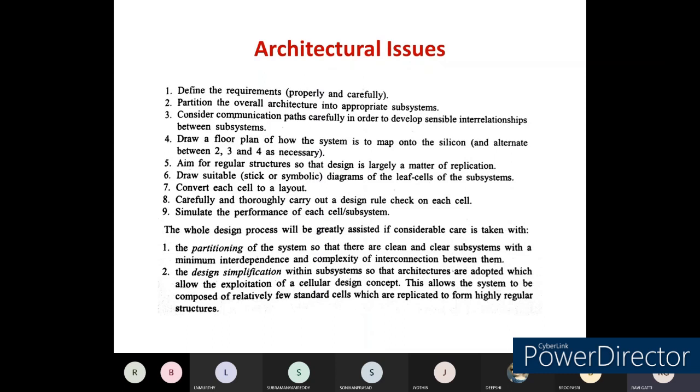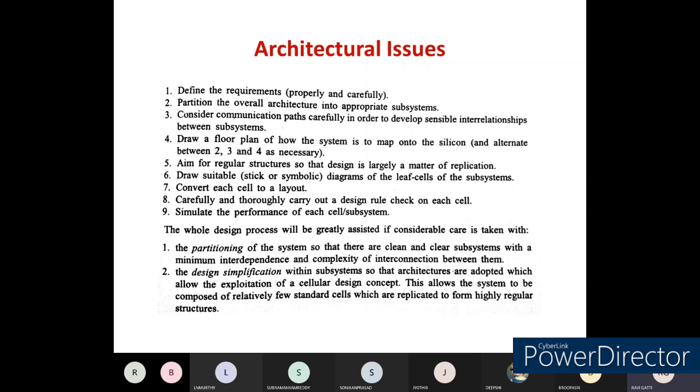If you are getting favorable results, then you go for one more subsystem implementation. If you are getting the result for the second subsystem properly, then you go for the third implementation. So unit by unit implementation is necessary in VLSI architecture. That we call partitioning the overall architecture.